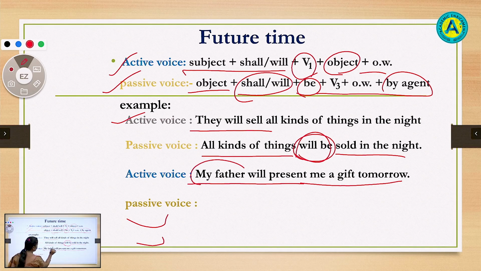The subject is my father. Will present is a verb. Here there are two objects: an indirect object and a direct object, me and a gift. We can convert to passive voice by using these two objects. Here we will take a gift.